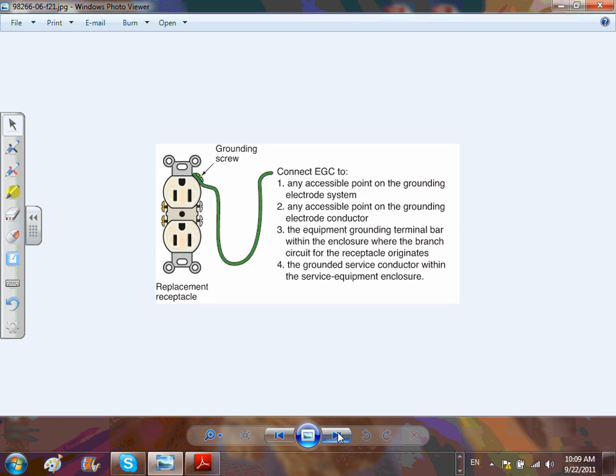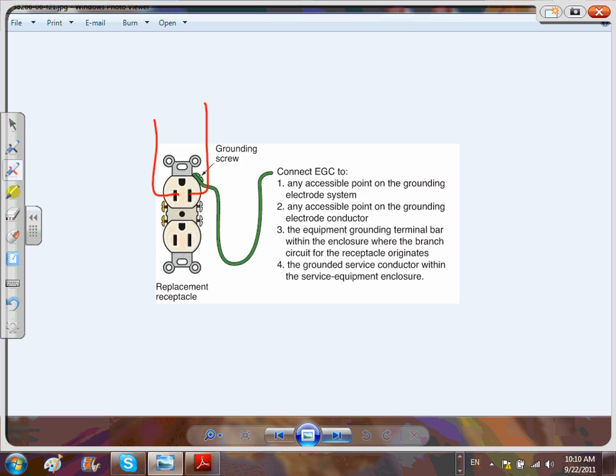Okay, another option is grab the ground here and tie it to any accessible grounding object in the area. I've seen it done where you can take it all the way out, just one receptacle, because right in here, here's my hot, here's my neutral. Take the ground, tie it here, because there's no ground.